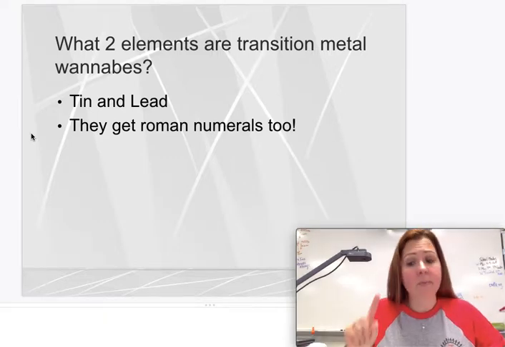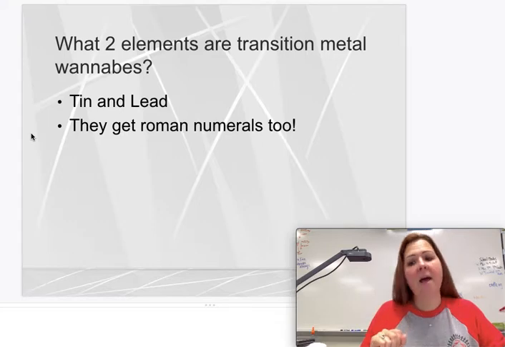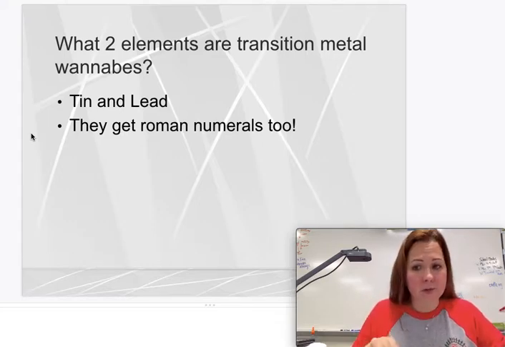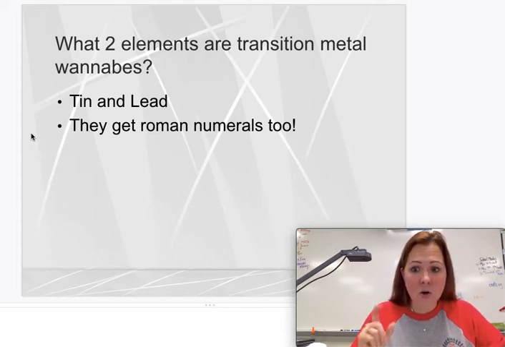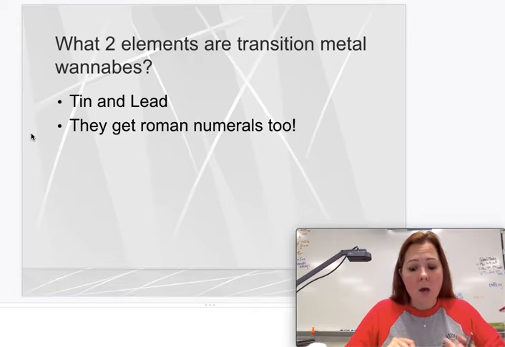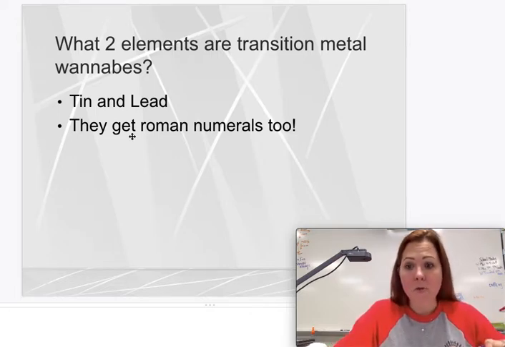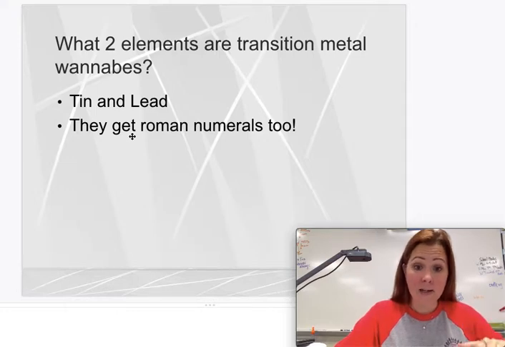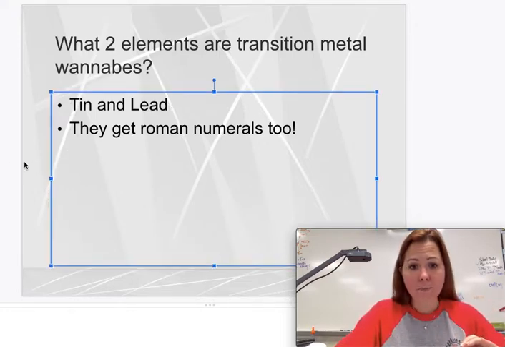Those two elements are tin and lead. Tin and lead can have a different number of electrons depending on how it's bonding. So with tin and lead, they're going to get Roman numerals just like all of your transition metals, even though they don't live with the transition metals themselves. So groups 3 through 12, tin and lead are all going to get Roman numerals for your cation charge.